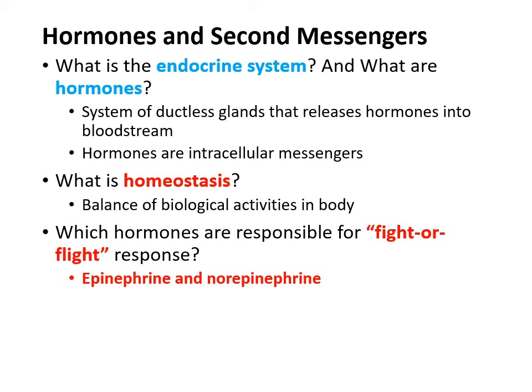Now, one of the other things I want to mention in terms of hormones is a particular example, and that is epinephrine and norepinephrine, which are responsible for your fight or flight response. Okay, and that's just an example of how hormones can basically trigger a response based on an external stimulus, such as you seeing fire or you seeing a gunman standing in front of you.